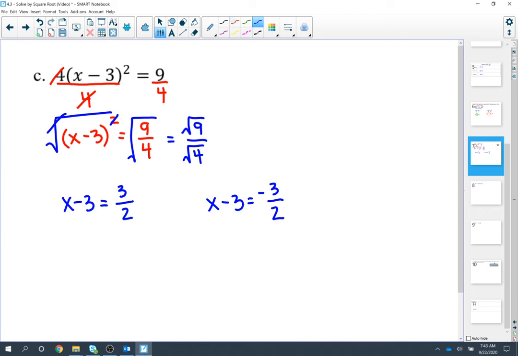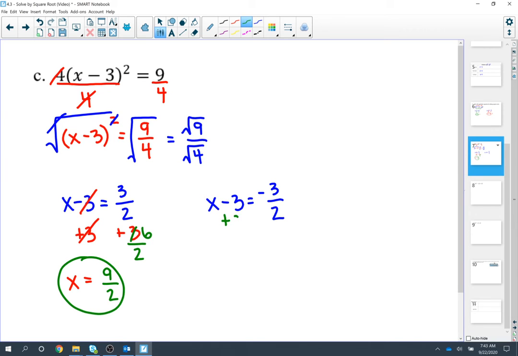Two separate equations. On our first one, I'm going to add 3. X equals, in order to add 3/2 and 3, we need to find a common denominator. So I'm going to place this over 2. By doing that, I'm going to multiply this by 2, which is going to give me 6. And then 6, 7, 8, 9, my first solution, 9/2.